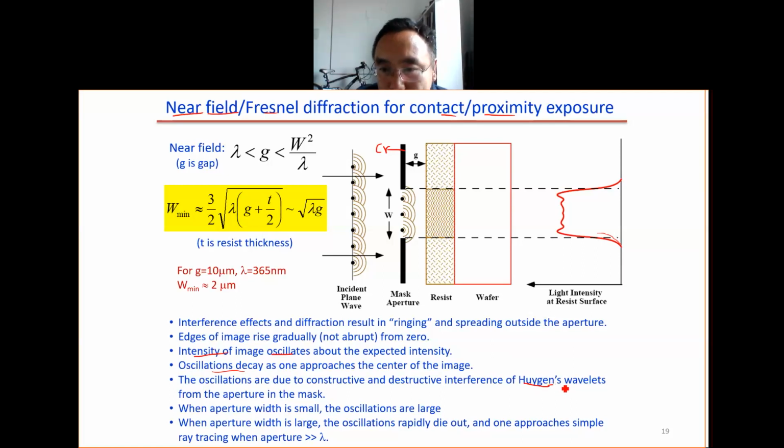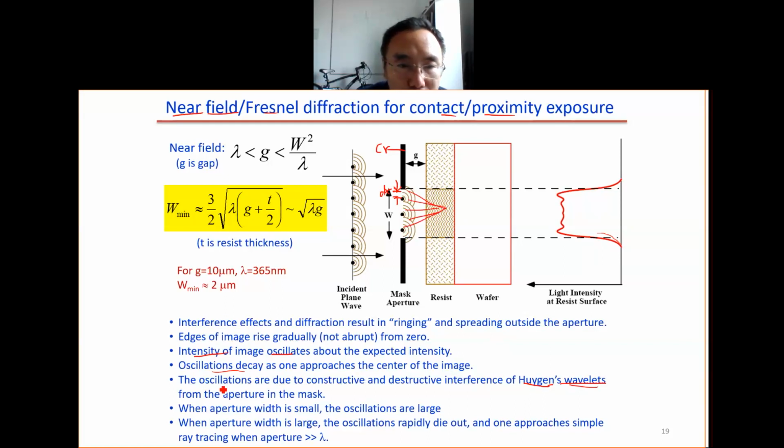Basically for the Huygens wavelets, this opening we divide into many small parts, a dx. For each part we can assume a small wavelet, and for this spot, all the wavelets will come here.